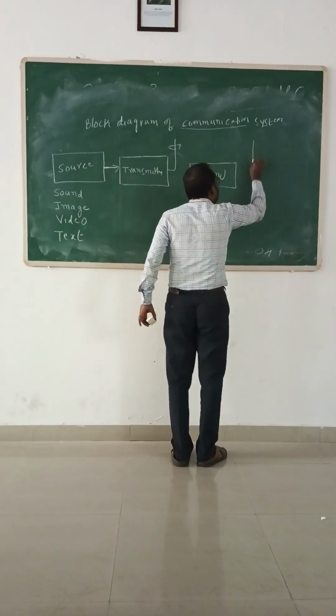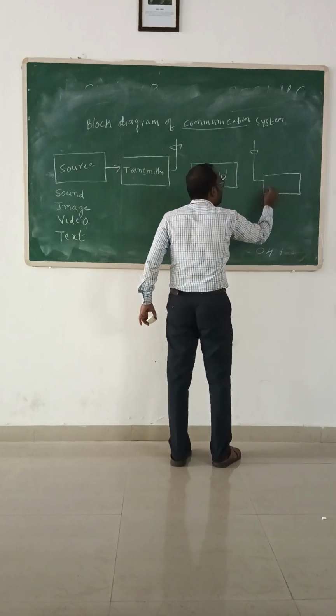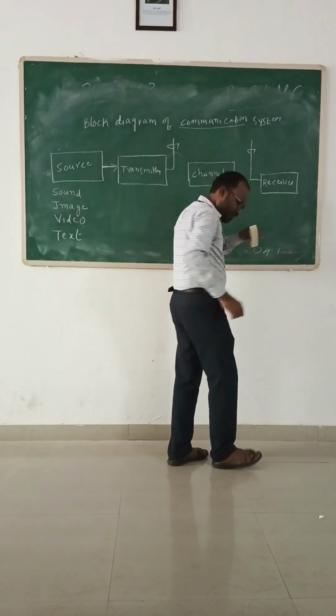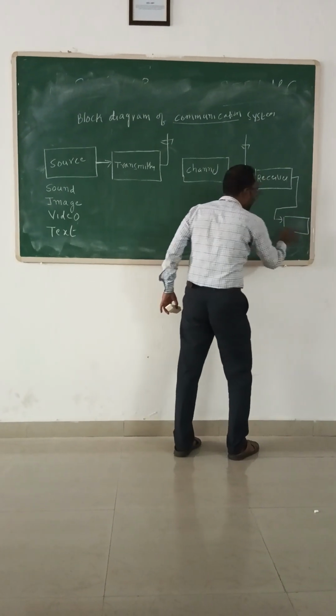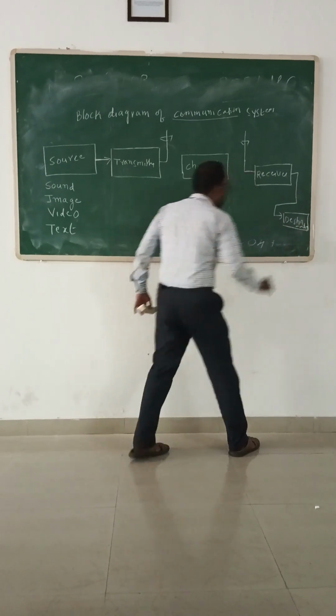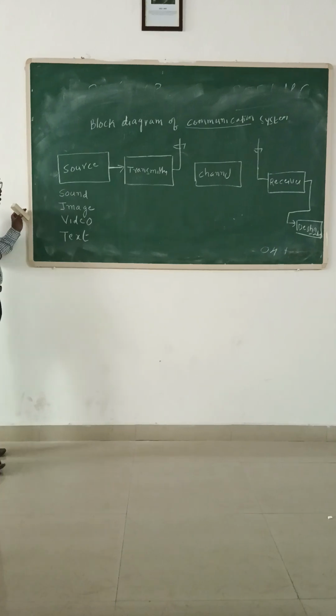The channel carries the information. Then at the destination side, it will be received by the receiver, and it is supplied to the destination. So this is the basic block diagram of a communication system.